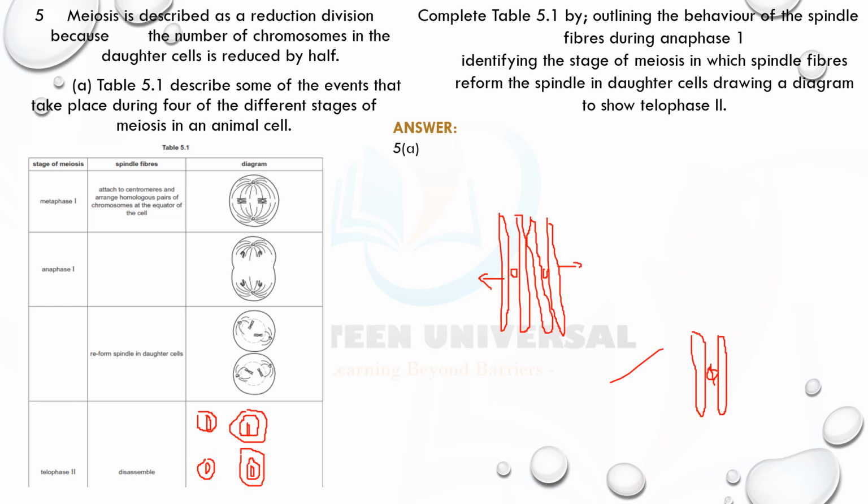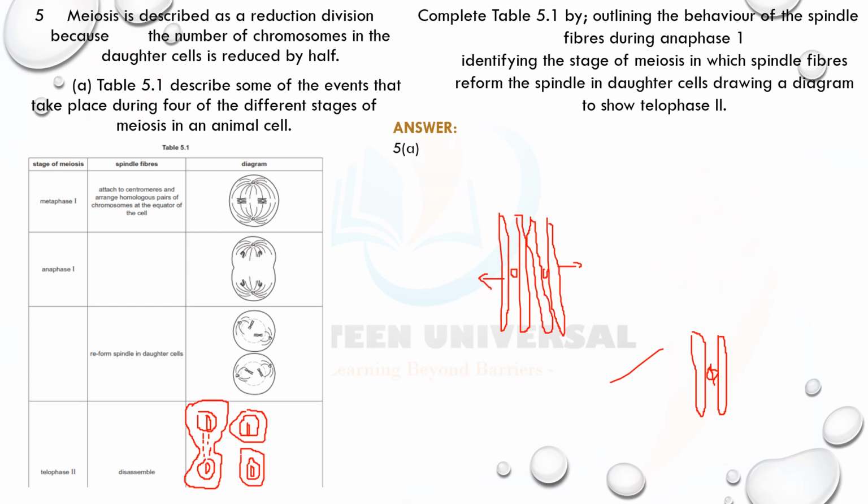Then join these two together. So cytokinesis has started, beginning to form. Can you see the spindle disintegrating here?